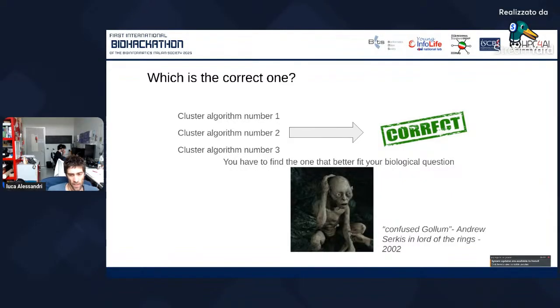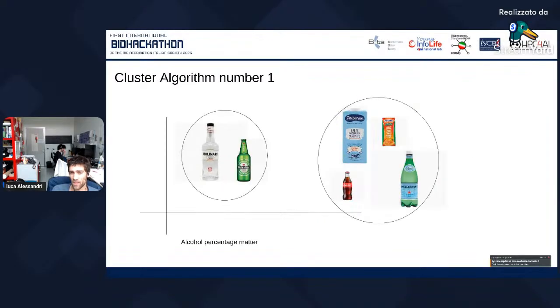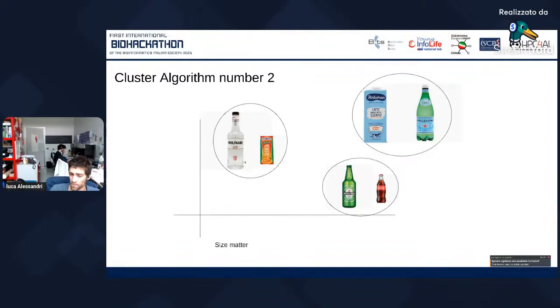Of course, you have to find the one that better fits your biological question. And this is what is really hard to do, because looking at these three examples, it is pretty easy. If I want to drink alcohol and decide which of these bottles to drink, I will use clustering algorithm number one, and I only have to decide between a sambuca or a beer.